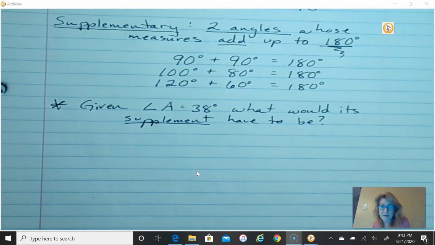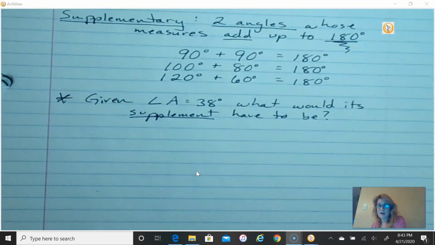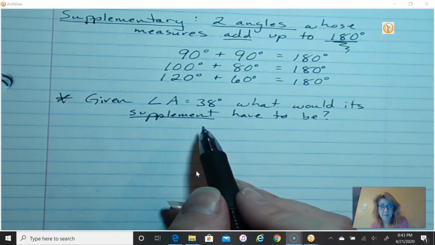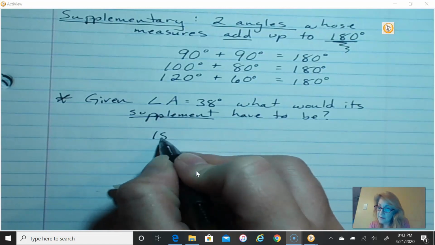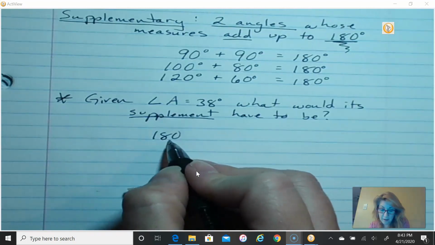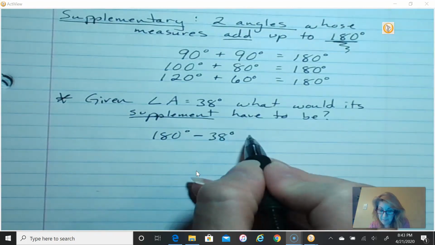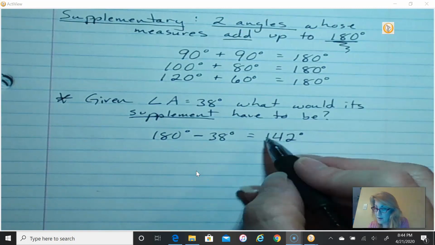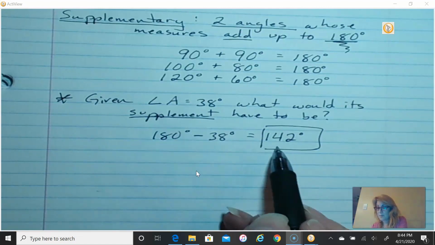Guess what people get confused on? Which is which. Okay, so given angle A is 38 degrees, what would the supplement be? Easy way of finding that out. Since it's supplement, it's 180 degrees minus 38 degrees. That gives you 142 degrees for the other angle, or its supplement.